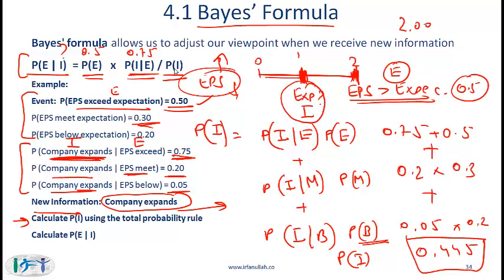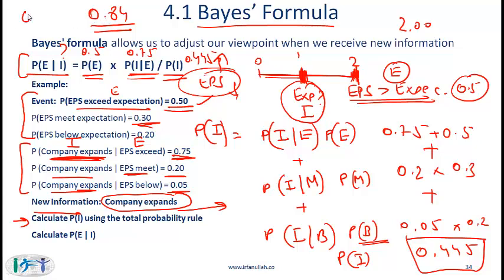0.445, that is what you plug over here. So instead of P(I), you can now put in 0.445, and when you do the maths, 0.5 into 0.75 divided by 0.445, what you should get is 0.84. So the interpretation is that the probability of the event being earnings per share exceeding expectation, given the new information that the company expands, is 0.84.